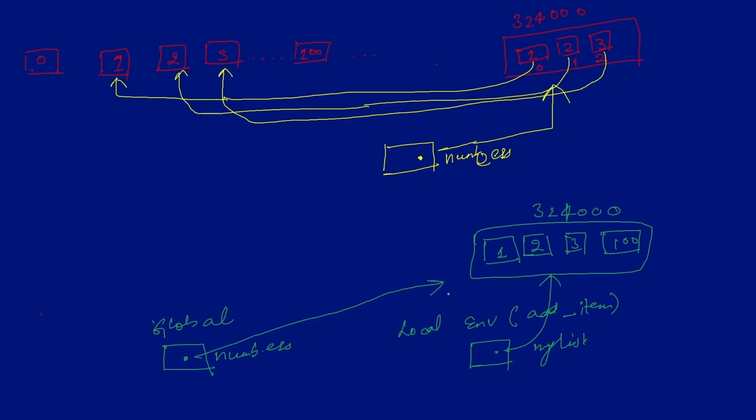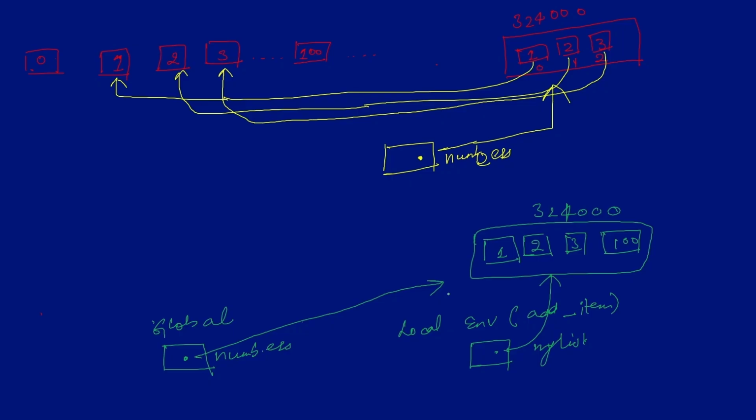So when we change something inside the list, even in our local scope, that is reflected in our global scope as well. So the list is permanently changed. I hope this is clear. What is the difference when we use mutable type of objects, and what is the difference when we use immutable type of objects?